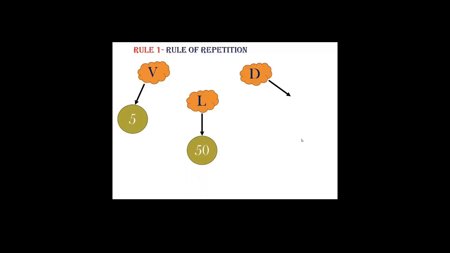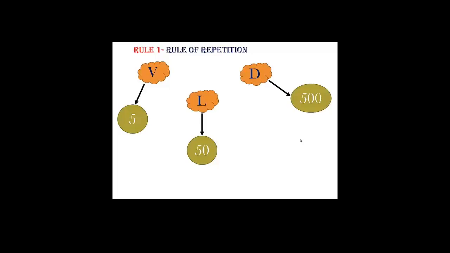Rule 1, rule of repetition. The letters V, L, and D. I think all of you have made a note of the letters and their values, right? Look at the notebook and tell me the value of each letter. What does V stand for? V stands for 5, L stands for 50, and D stands for 500.